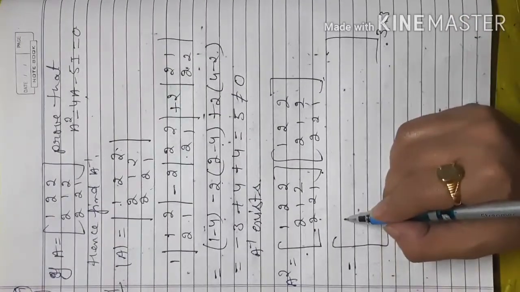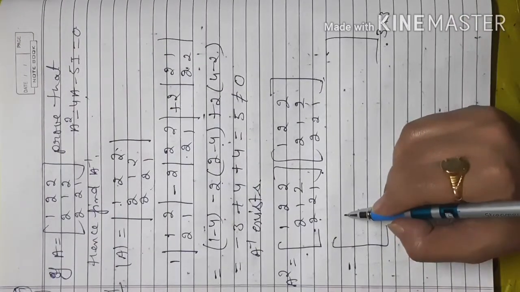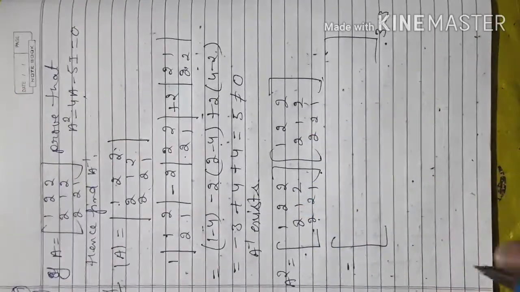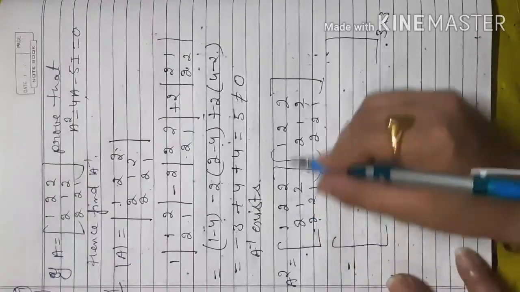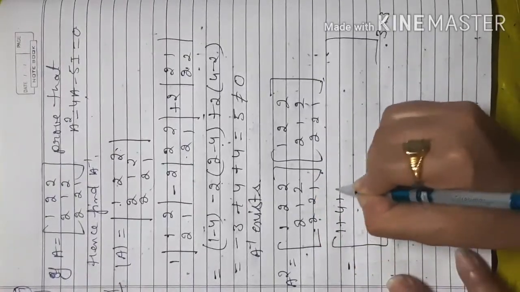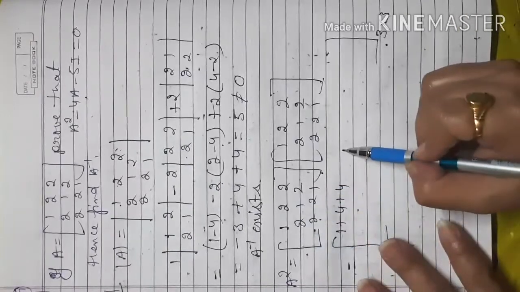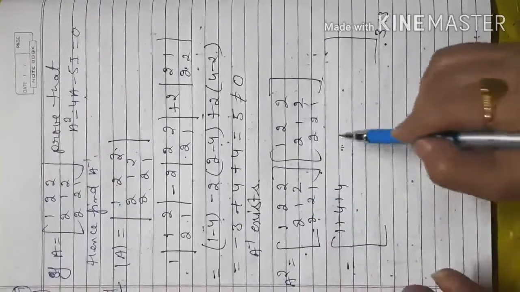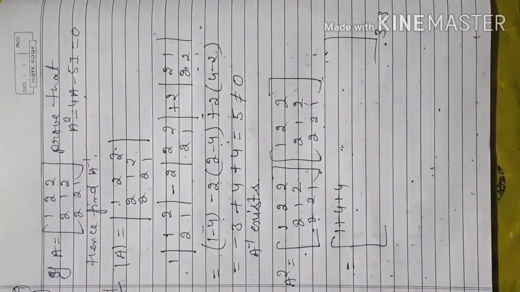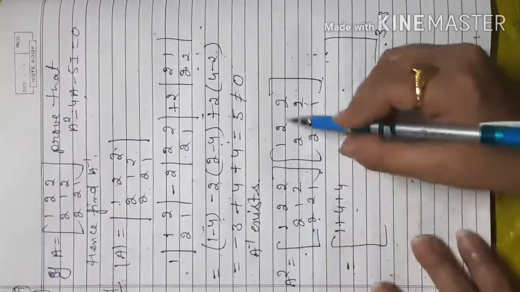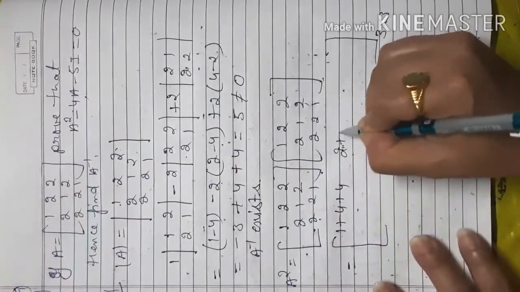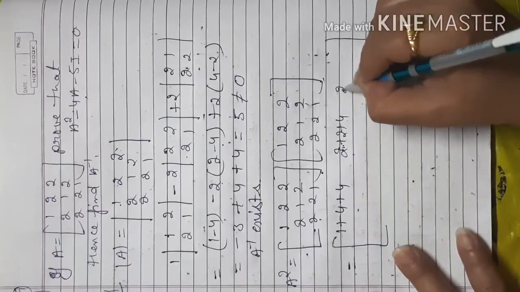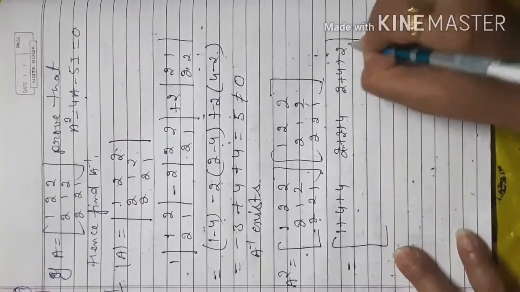So according to the position, if I want to write the element in the first row, first column, this first row and this first column will be multiplied with each other. So what it gives me: 1 plus 4 plus 4. Each position, you have to multiply the row from the first matrix and that position's column from the second matrix. Similarly, first row, second column gives me 2 plus 2 plus 4 and first row, third column gives me 2 plus 4 plus 2.